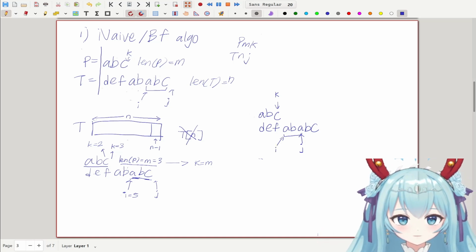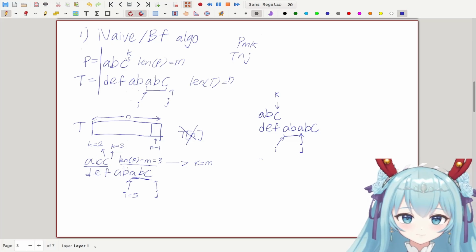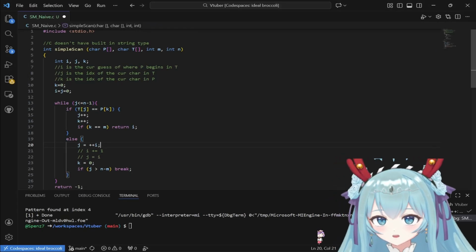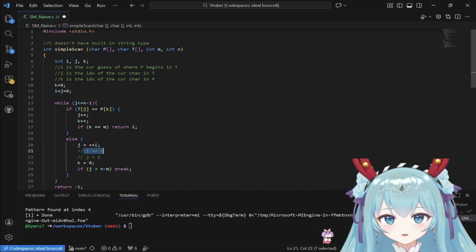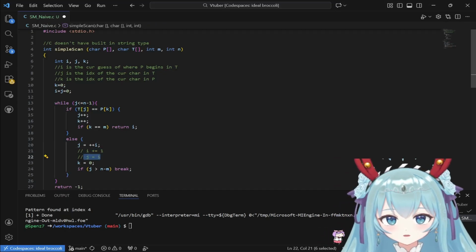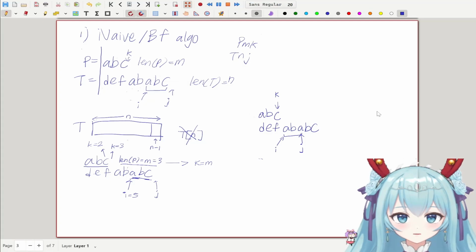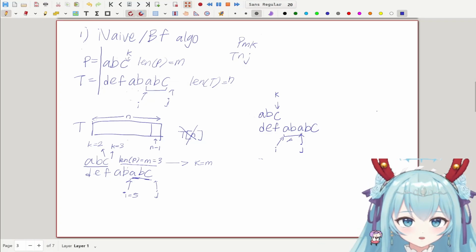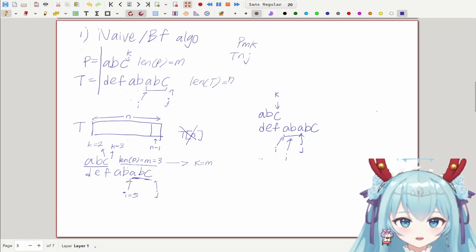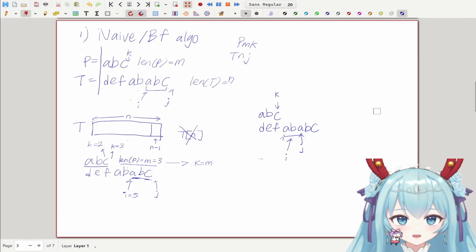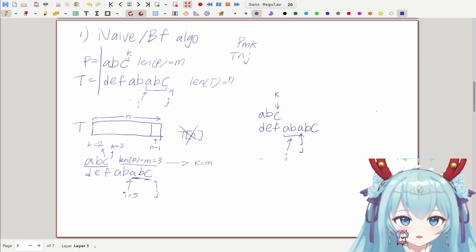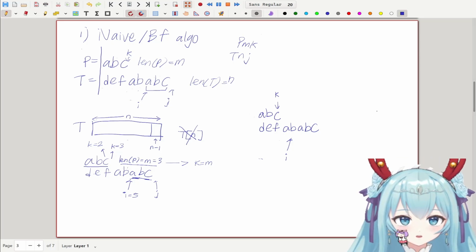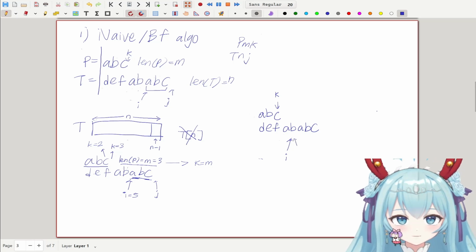So what we do is, remember, we look at the code again. We see that increase I by 1 and then set J equals I. Okay, so we increase I by 1, so now I points over here. And then we set J equals I. Yeah, so I points to the new window.